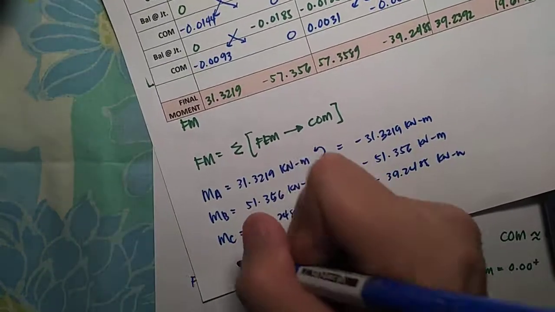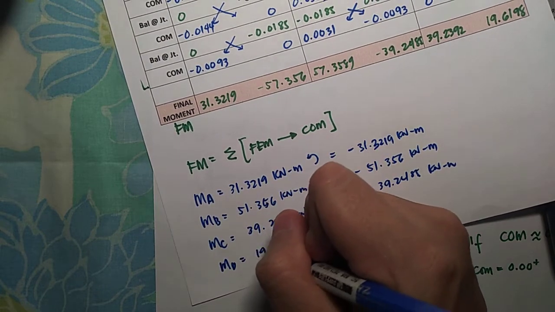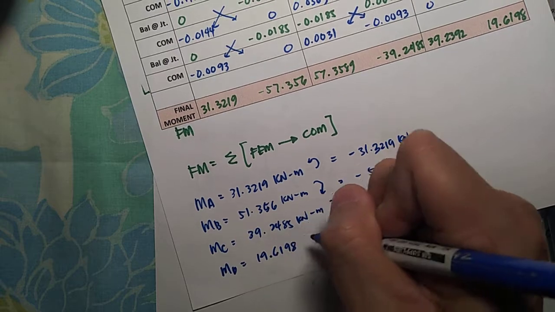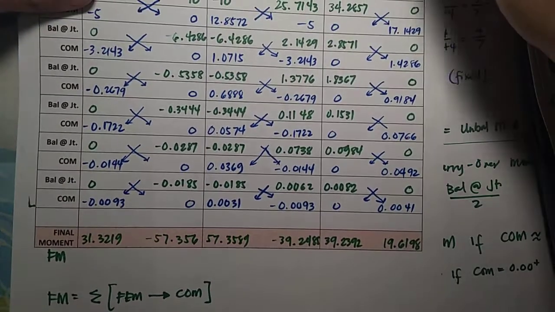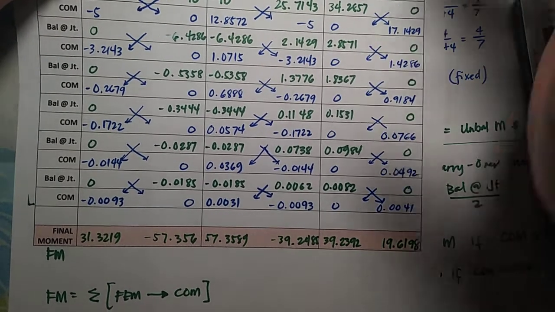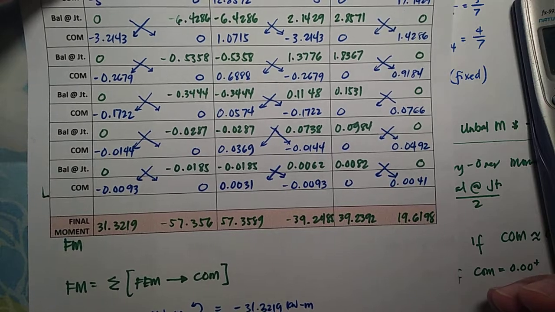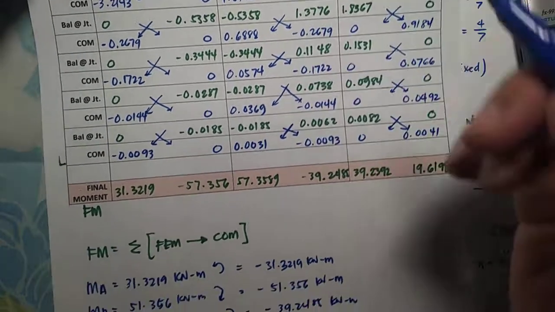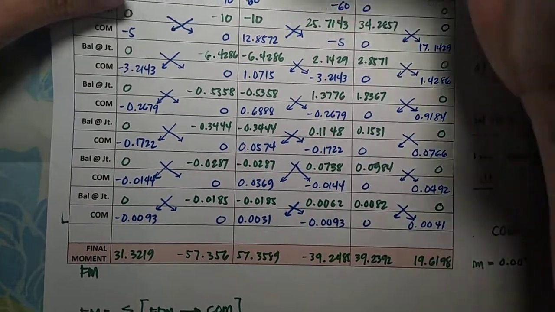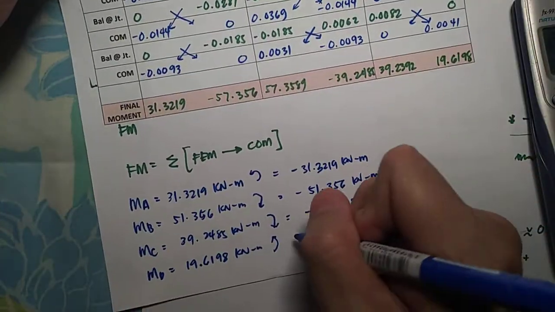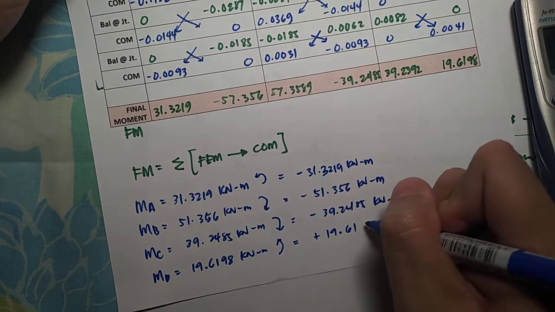And lastly, the moment at D is 19.6198. Again, that is counterclockwise, so it makes the beam happy face. That would be positive 19.61 kilonewton meter.